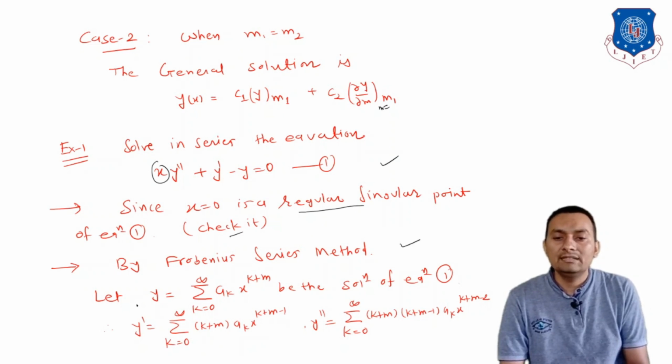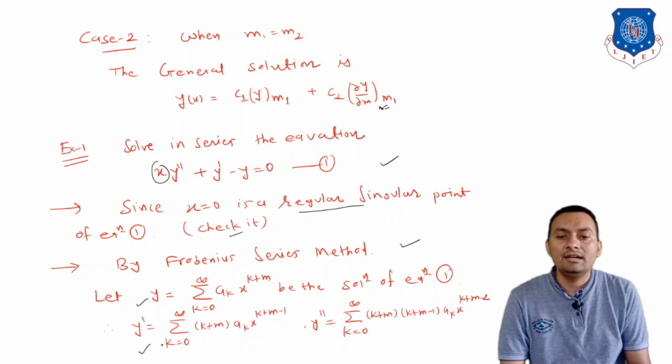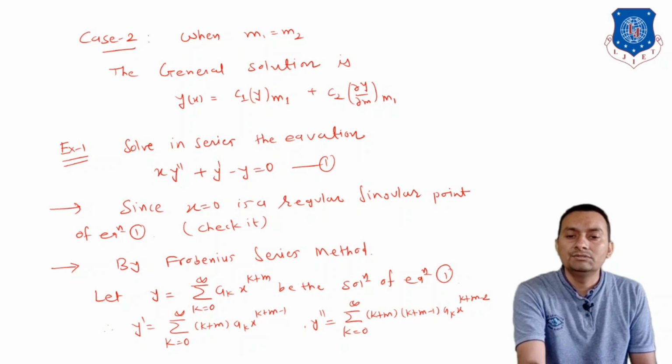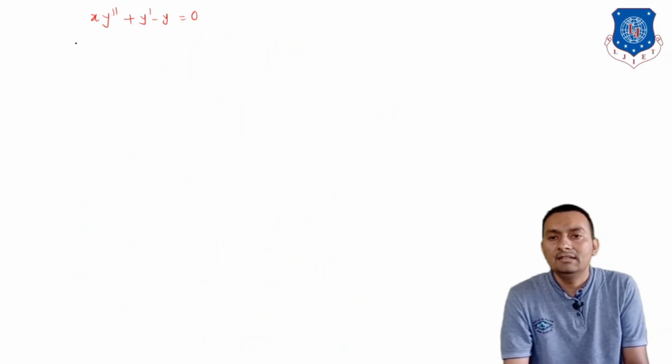So we have to assume that this is the general solution. So we can find y dash, y double dash, and now we are going to substitute all these values. So what will I get?